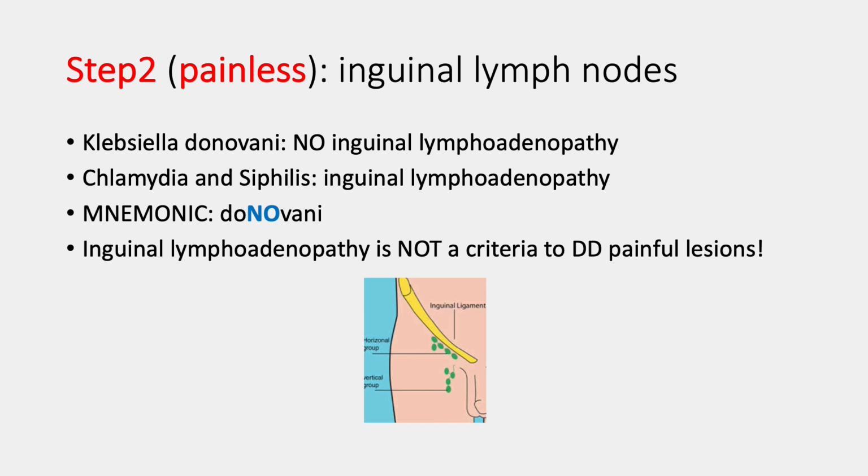This was an easy way for me to remember that Klebsiella donovani does not cause inguinal lymphadenopathy during test day or during my USMLE prep. Now, if there is inguinal lymphadenopathy, there is a differential diagnosis that should be done between chlamydia and syphilis. And I will discuss it in the next slide, so let's dive into it.